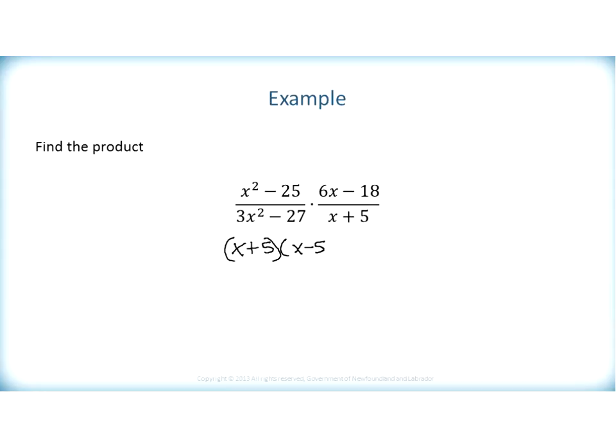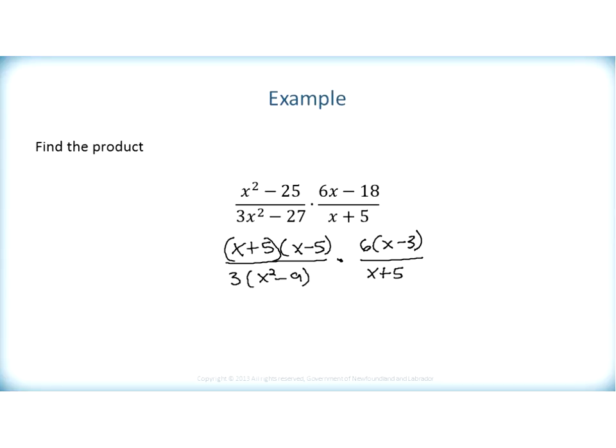It's a difference of 2 perfect squares. Over, this is going to be 3 outside of x squared subtract 9. Times, there's a common factor between 6x and 18. 6 outside of x subtract 3 over x plus 5.